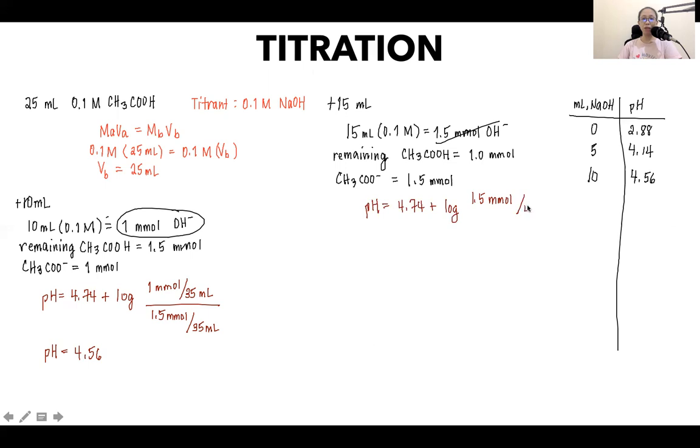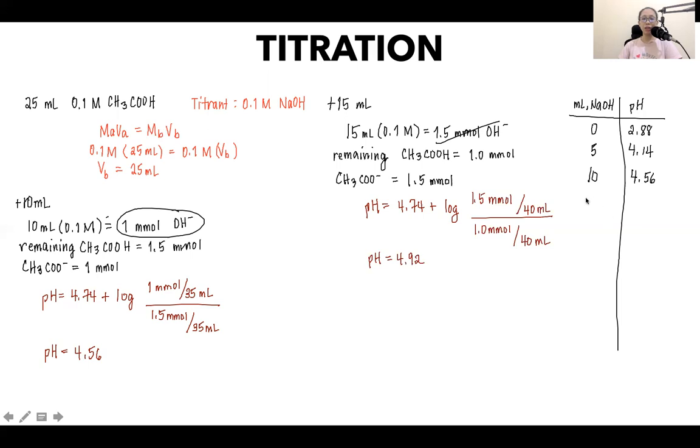So that's 40 ml. All over 1 millimole divided by 40 ml. So this will give you a value of 4.92.